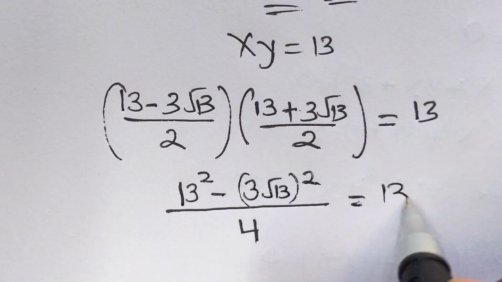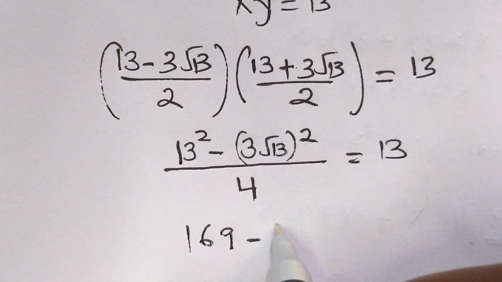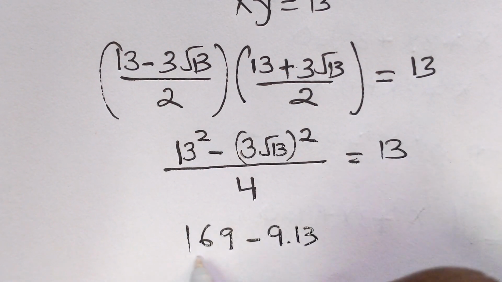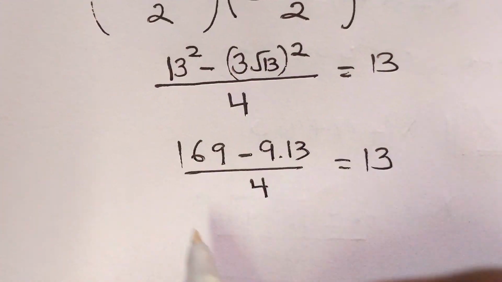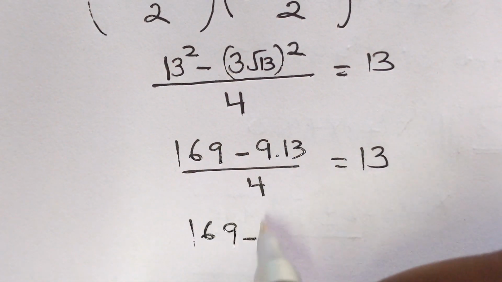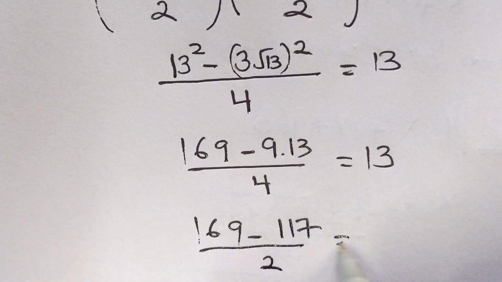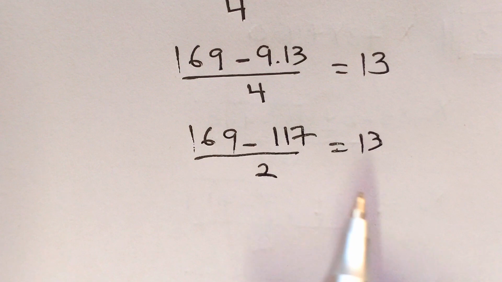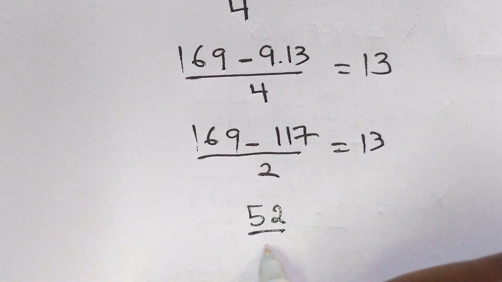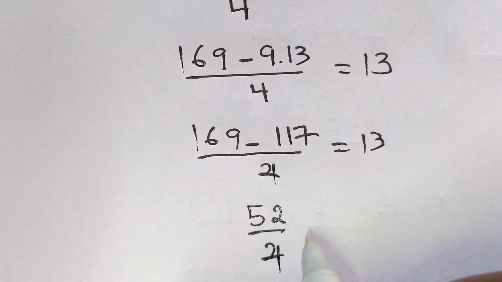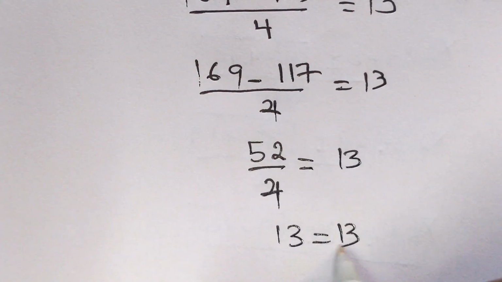This is 169 minus 9 times 13 over 4, and this is 169 minus 117 over 4, which is 52 over 4. And this is 13, which is equal to 13.